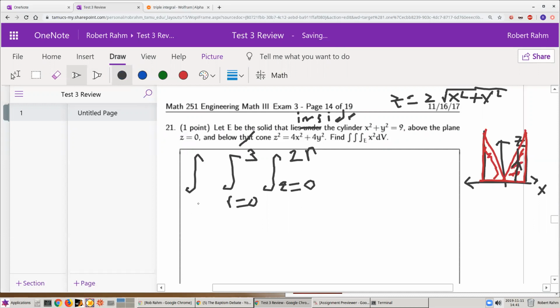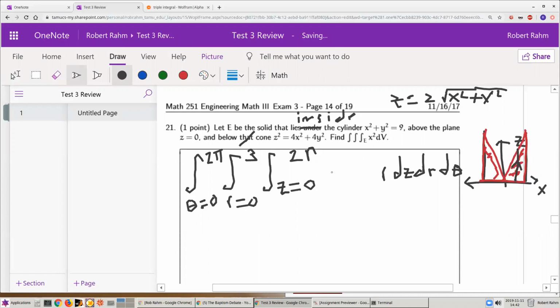And then theta will go from 0 to 2 pi. Okay, now since we are in polar coordinates, we're always going to write the r dz dr d theta, and the function that we're integrating is x squared.